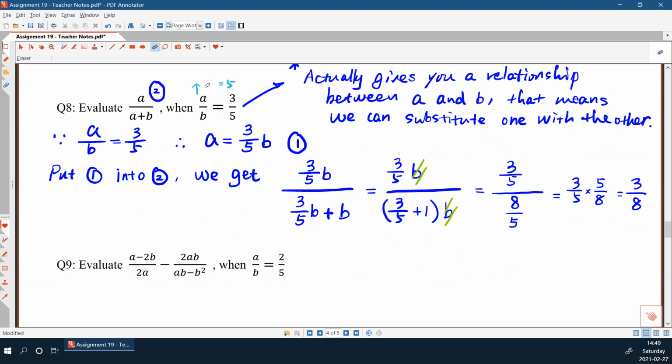This is not always true, because A can also be something like 9 and B something like 15. The result is still 3 over 5. So A is not necessarily 3, or B is not necessarily 5.